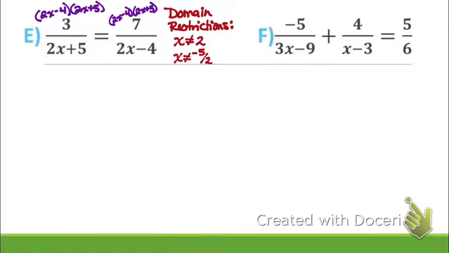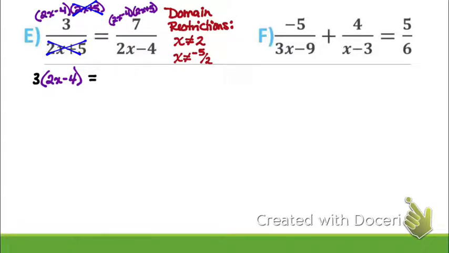In my first fraction, on the left, will anything cancel for me? 2x plus 5 will cancel. So I'm going to have 3 times 2x minus 4 remaining. I didn't bother to take the GCF out because I looked at my other denominator and saw it did not also have a GCF of 2. So I'm not even going to worry about the GCF part.